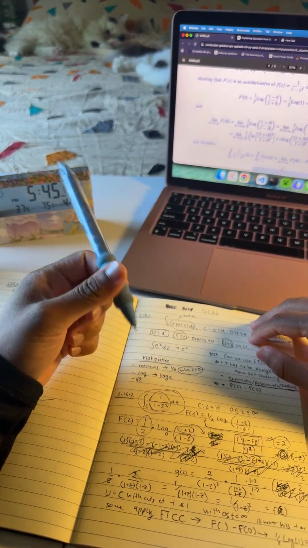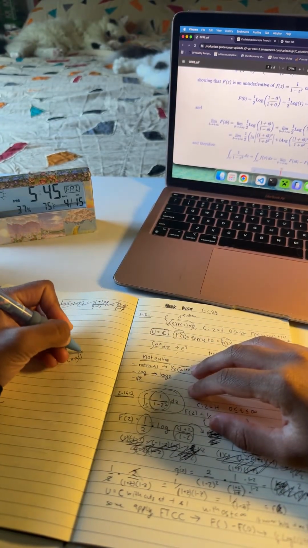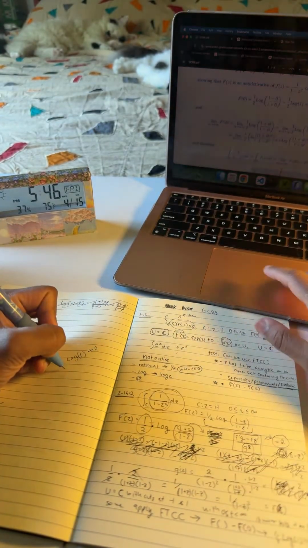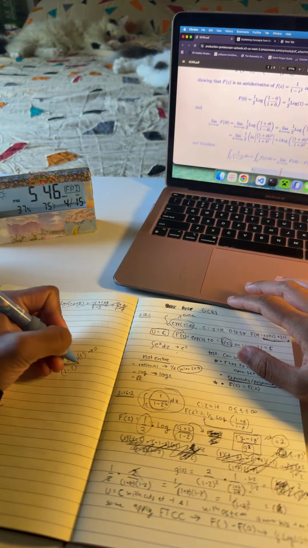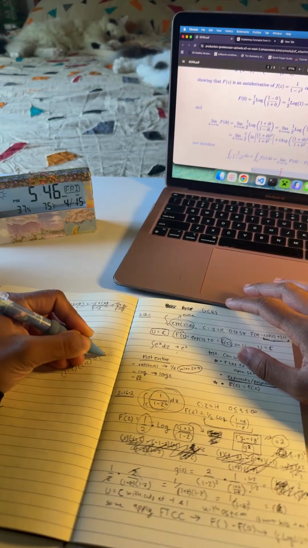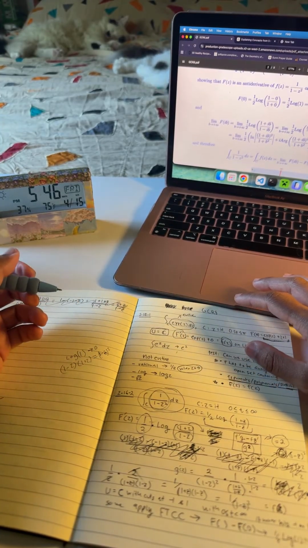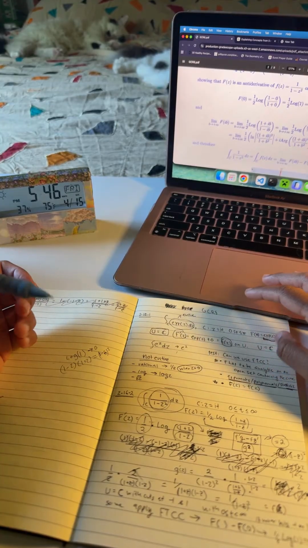It's important to remember certain rules like log 1 goes to 0, or that 1 minus z times 1 plus z equals 1 minus z squared, and things like, I don't know what else.